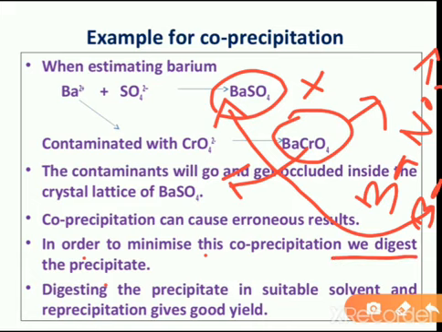Digesting the precipitate in a suitable solvent and reprecipitation gives a good yield. So we should go for reprecipitation, and then the correct amount of the substance can be estimated.